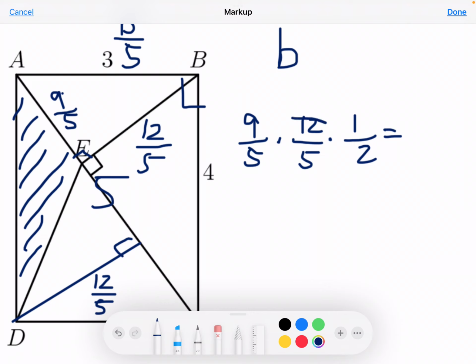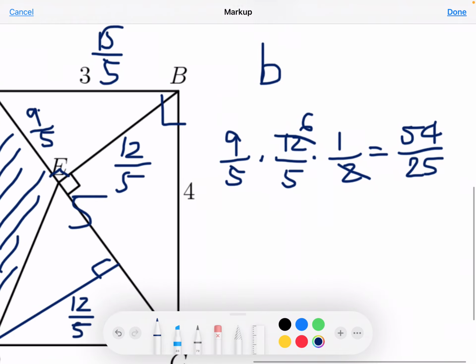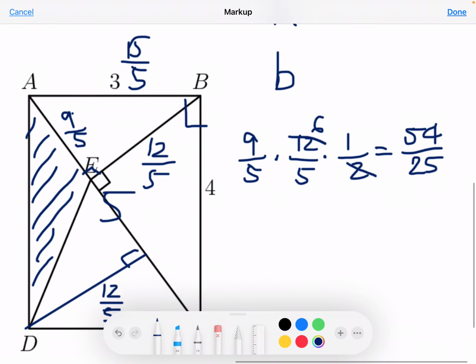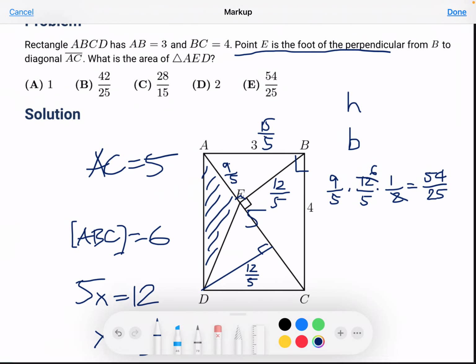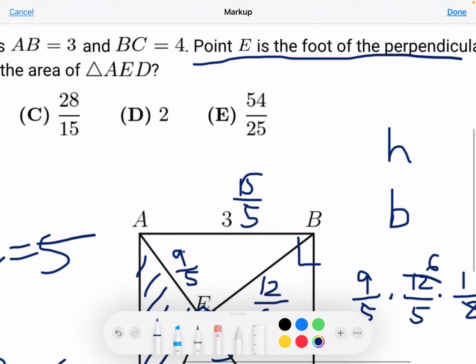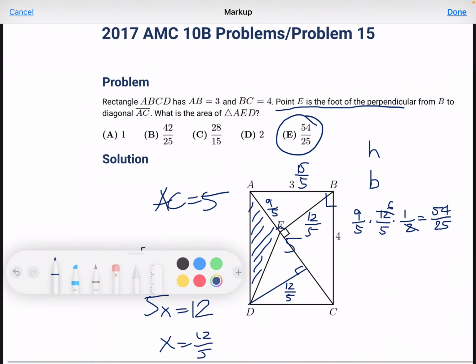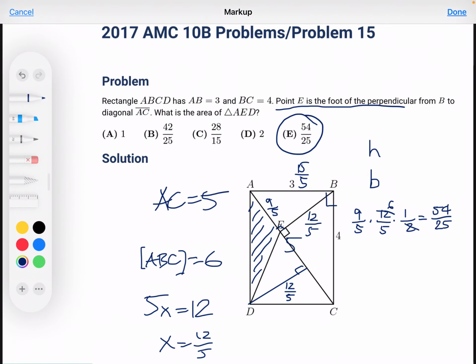Now 12 and 2 cancel out to 6, so it becomes 54 over 25. That is as simple as it gets because there are no more common factors. Even though this looks very hairy, wait a minute, it's an answer choice. 54/25, that is indeed our answer, and we are done. Triangle AED has an area of 54/25.